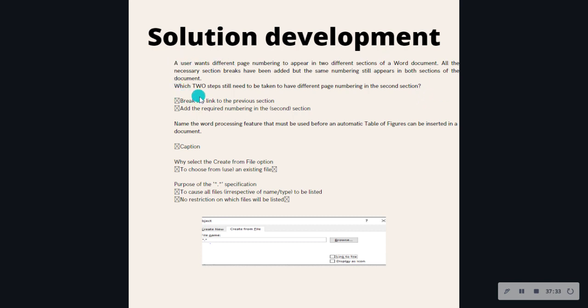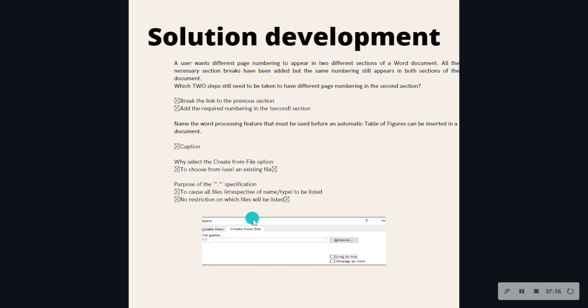Go read this very slowly by yourself and maybe try it on your own when you're in the CAT class again. So what does he need to do? He needs to break the link to the previous section, okay, so that the computer can see it as one. And he also needs to add the required numbering in the second section again.